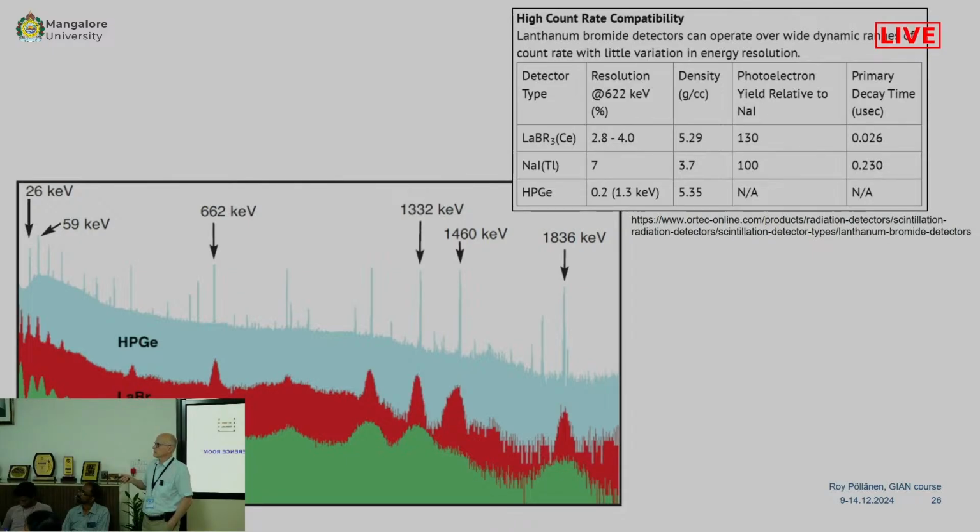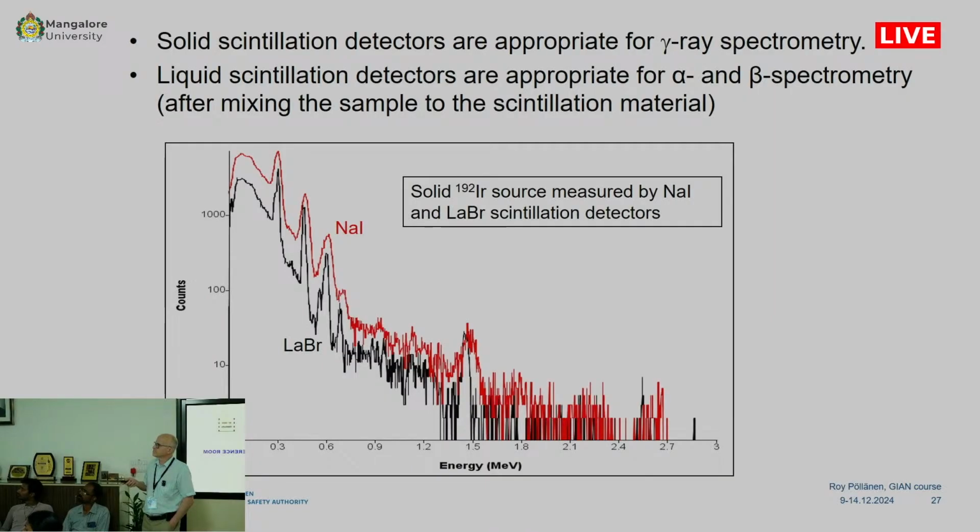Okay, there are some other things that I will not explain just now. You can read these things afterwards. So, solid scintillation detectors are appropriate for gamma spectrometry. And liquid scintillation detectors are for alpha and beta spectrometry.